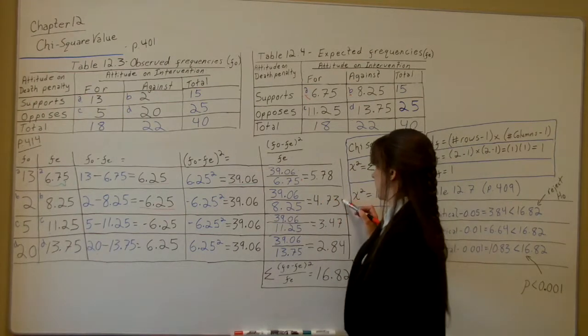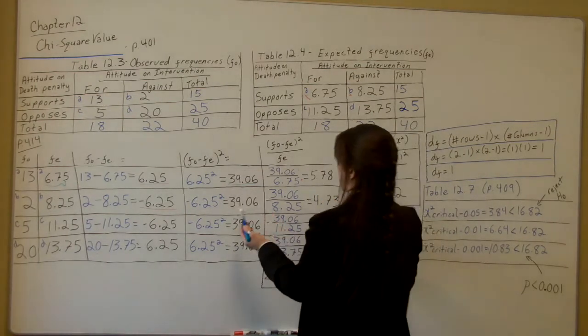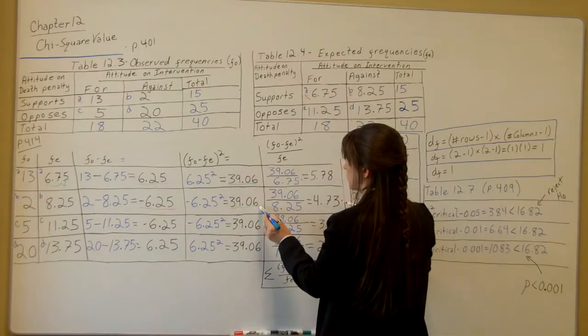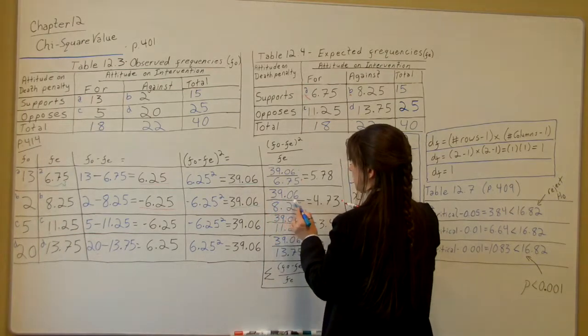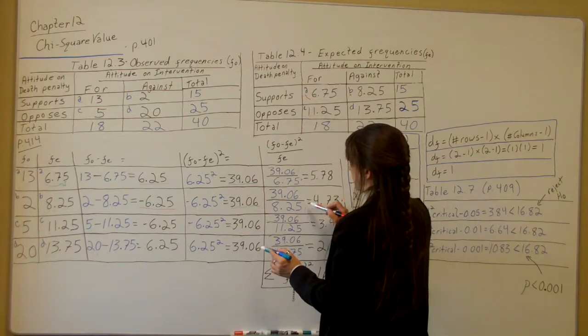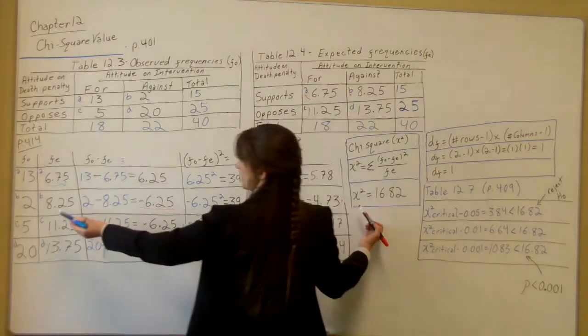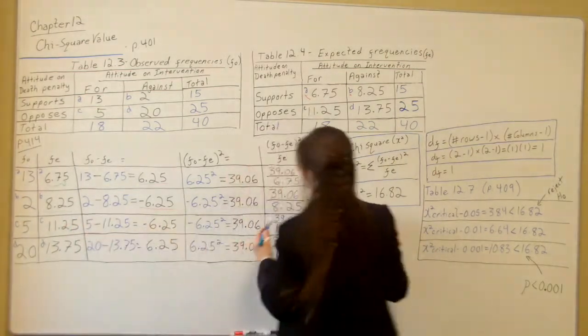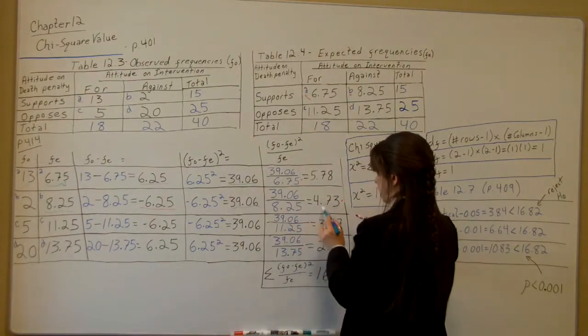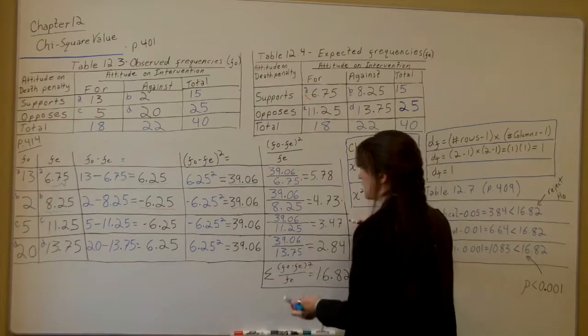Now we work our way down. Again, the top number was from the previous column, 39.06, over your expected frequency for this row, which is 8.25. So 39.06 divided by 8.25 equals 4.73.